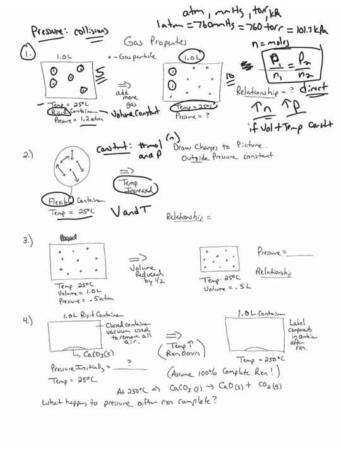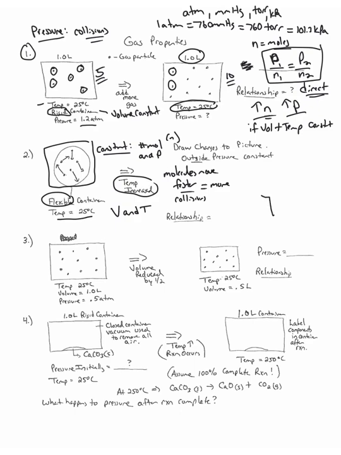Now think about this logically. If I increase the temperature, what's going to happen to the movement of the gas molecules? Hopefully you're thinking to yourself, the molecules of the gas are going to move faster. And if they move faster, they are going to collide with the inside of the balloon more often. And if there's more collisions, there's more pressure, which is going to cause the balloon to increase in volume.